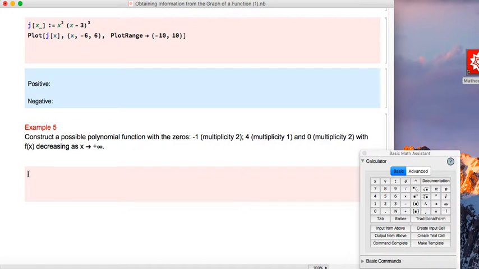I want to make sure this is a polynomial, so it's better just to plot this polynomial function.